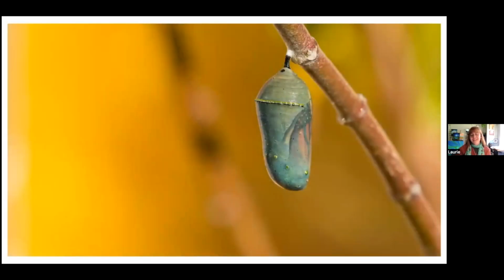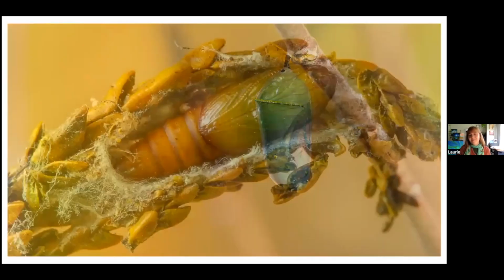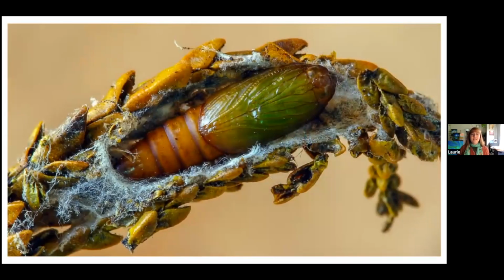So here's that monarch chrysalis starting to become a butterfly in there. I just love this picture. And here is a moth pupa. So a moth caterpillar will build itself a cocoon made of silk before it sheds the final layer, while the butterfly caterpillar will attach itself to a safe place like a branch using the silk.